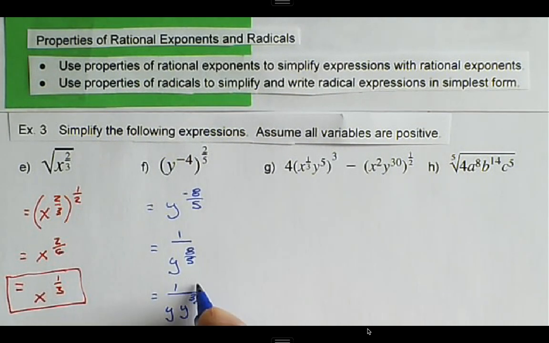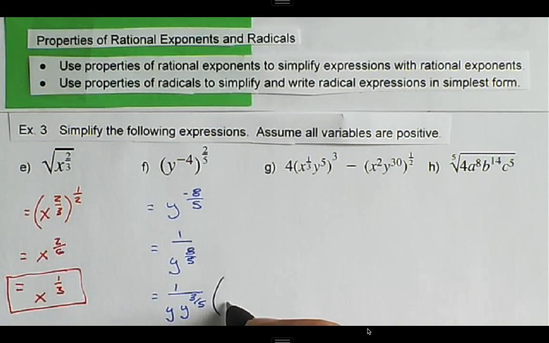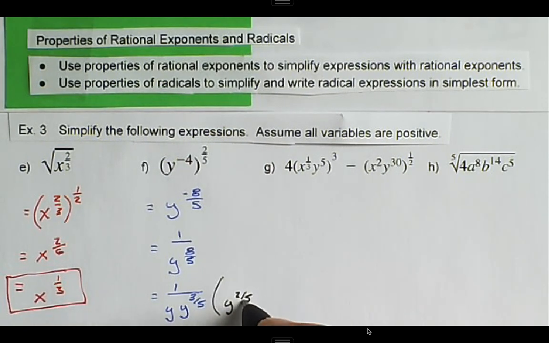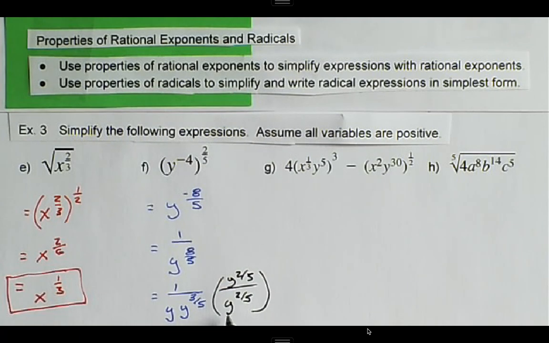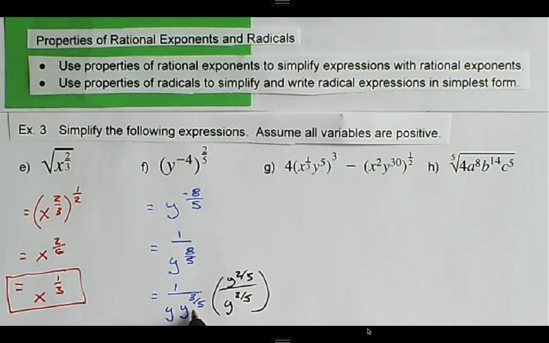So what we want to do is multiply the numerator and the denominator by y to the 2/5. And what that will end up doing is make our denominator whole, because we can add those together in the denominator.